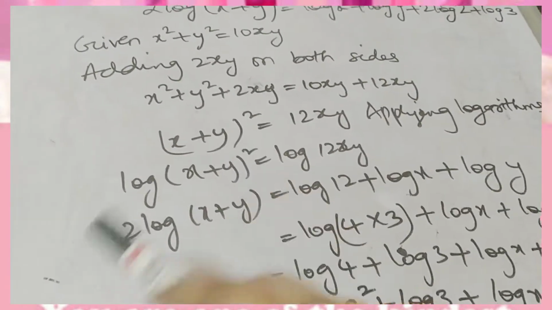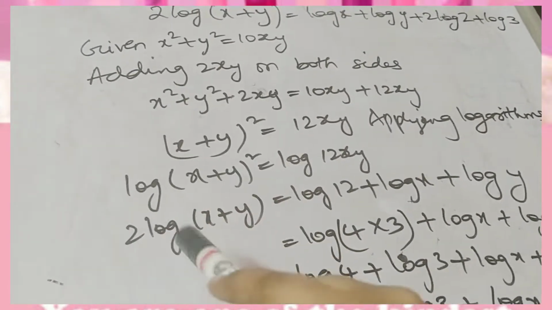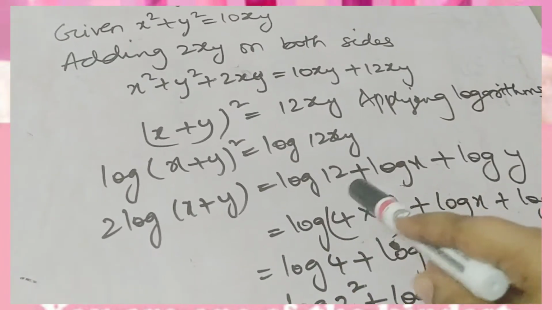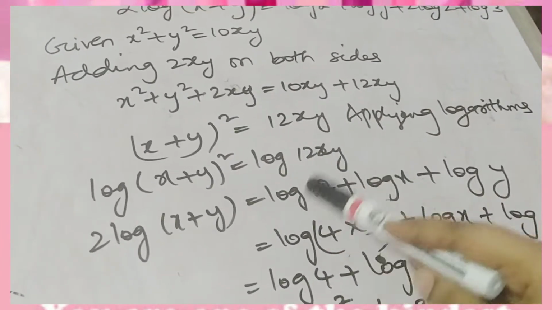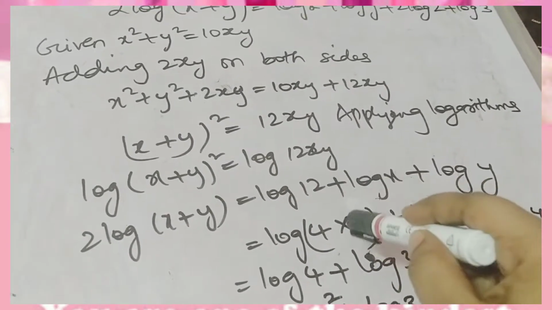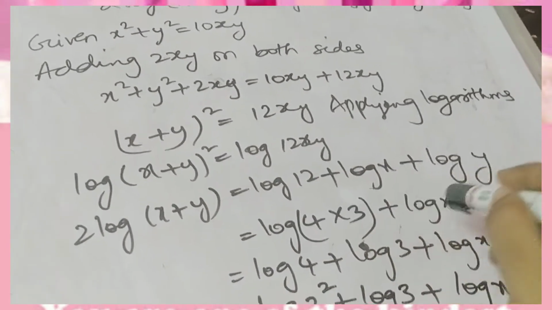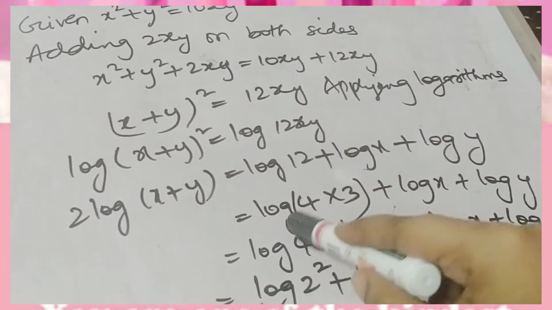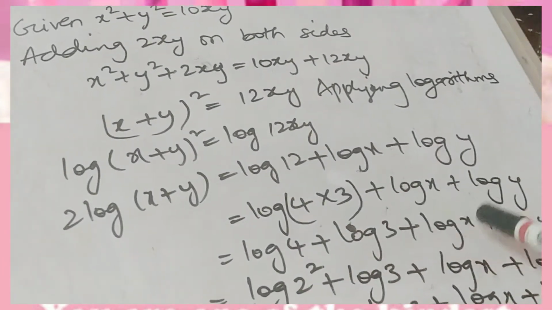Now take the power 2 in front: 2 log(x + y) = log 12 + log x + log y, because you have to make the product into a sum. Log 12 is log 4 × 3, so log 4 + log 3 + log x + log y. Log 4 is log 2², which becomes 2 log 2. So 2 log(x + y) = 2 log 2 + log 3 + log x + log y.